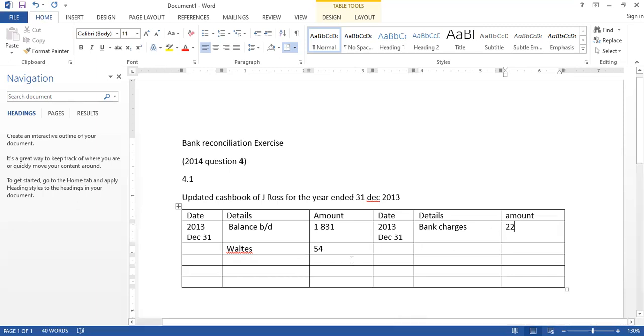So the next thing that we do is we need to balance off our updated cash book in order to find our new or our correct balance of our cash book. So we balance off. Obviously the debit side is the biggest, so 1831 plus 54 will give you 1885, 1885 on both sides.